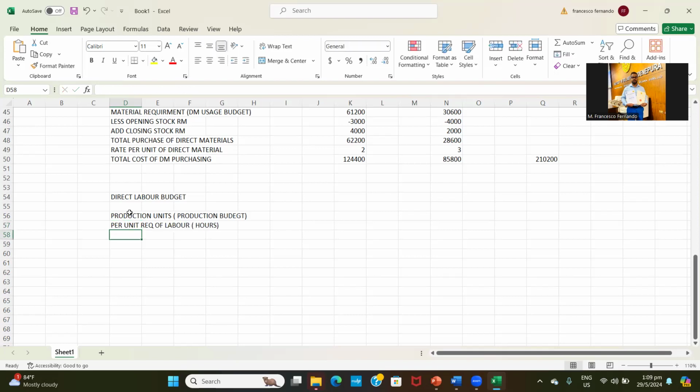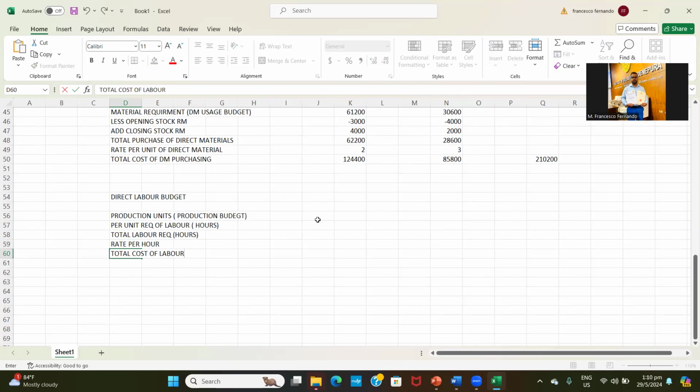By multiplying those two, we can get the total labor requirement in hours. And then we can take the rate per hour. And finally, we can get the total cost of labor.